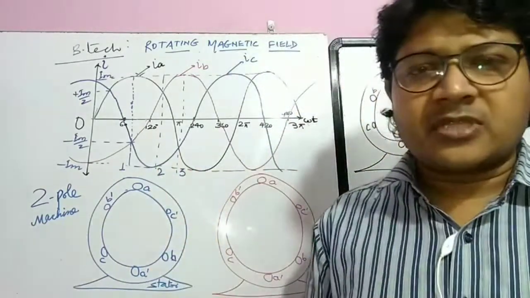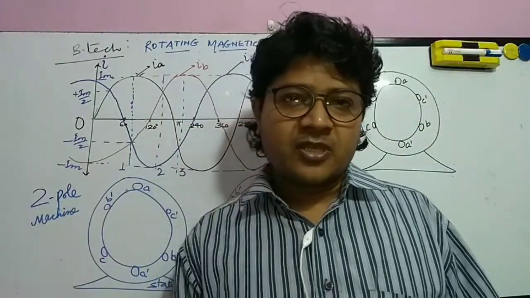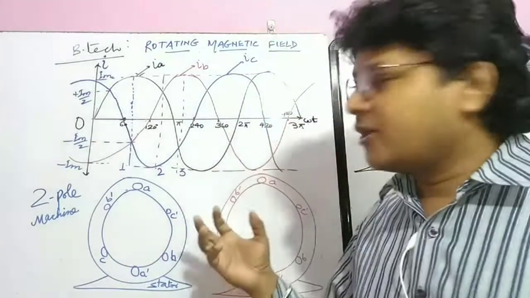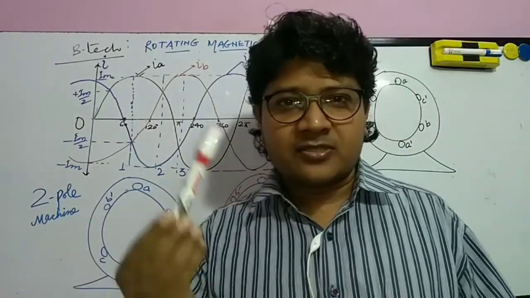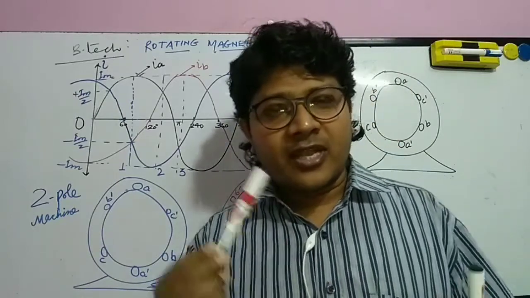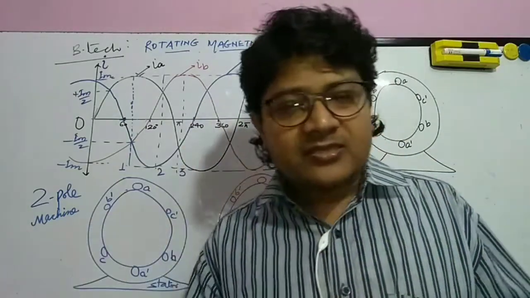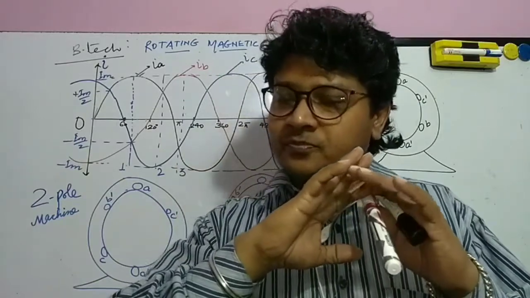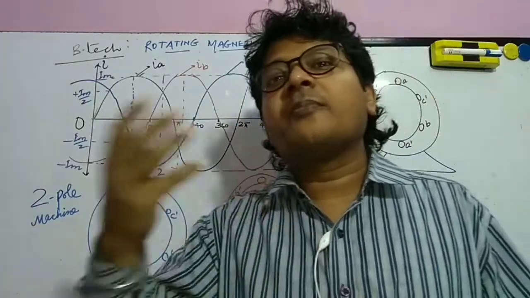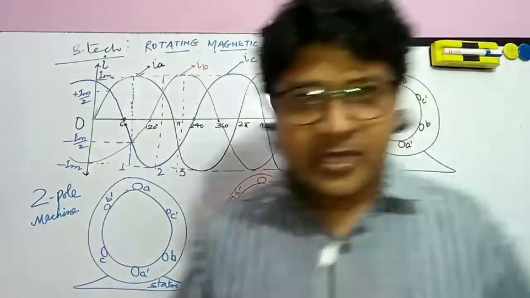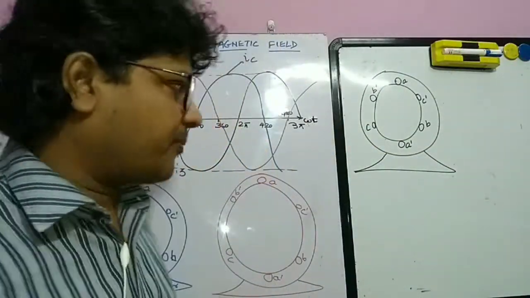There are many ways to explain this, but because I don't have good software and have only this marker, I'll try my level best to make it clear and to visualize the rotation of the magnetic field. Let us see what happens.